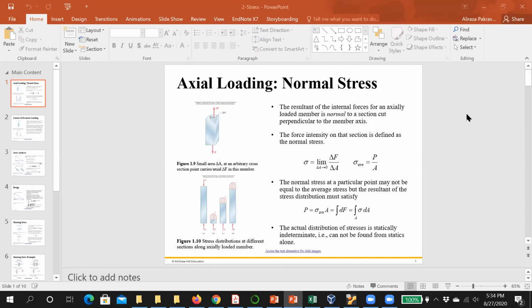In statics, if you look at all the problems, we just need the element including the force.